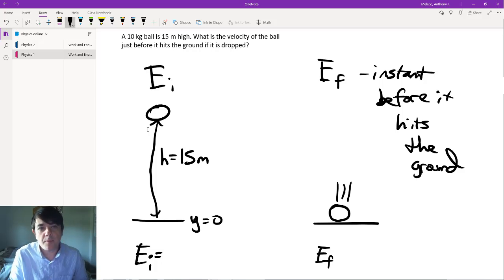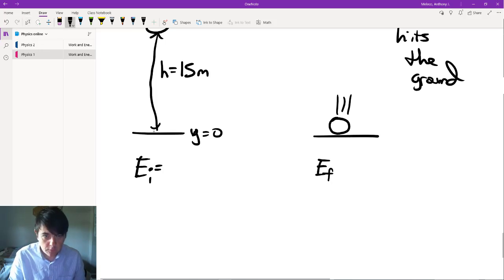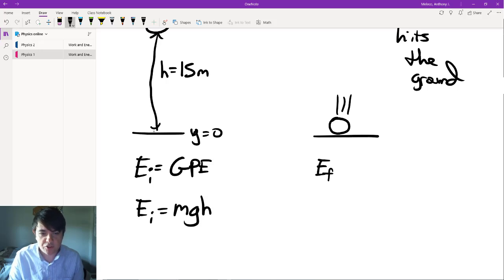The ball in the initial energy state isn't moving, so it's only got gravitational potential energy, and E initial is equal to just mgh. It's the mass, because it's the force of gravity, times the distance. It's the work equation, repurposed.